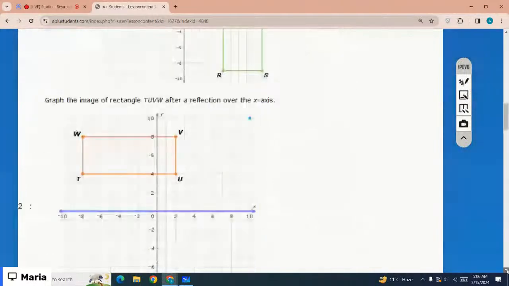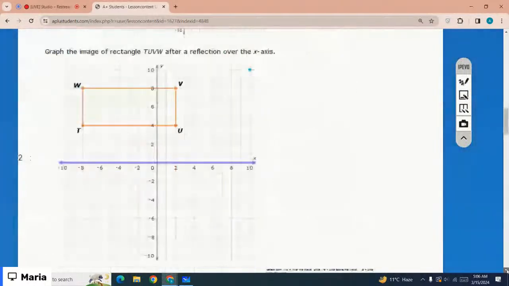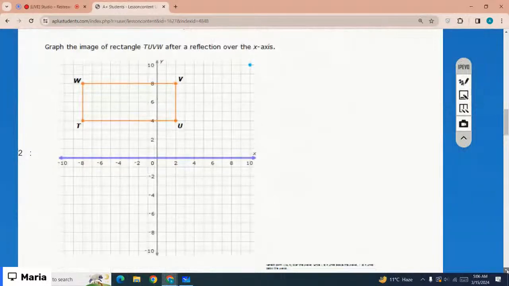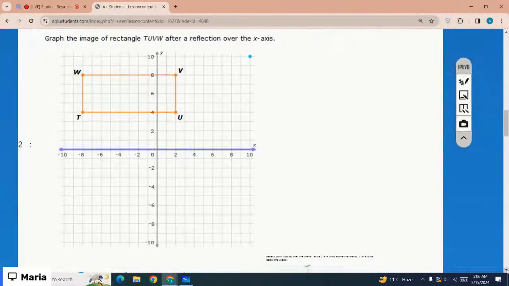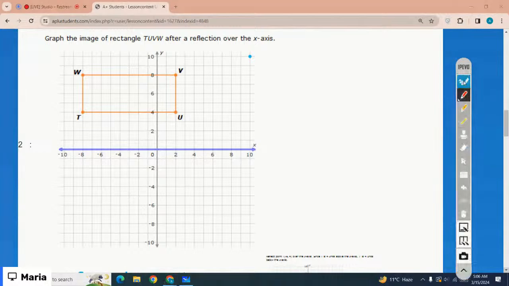Okay. Graph the image TUVW after reflection over the x-axis. So again, the rectangle is reflected over the x-axis, right? So just look at these points. W is 8 point up, right? Move W 8 point down.